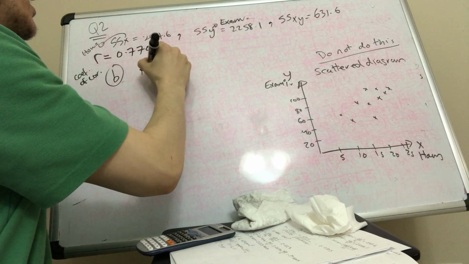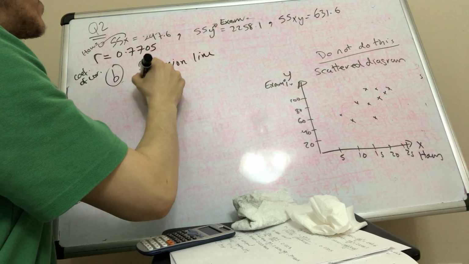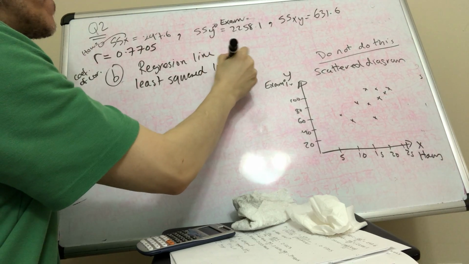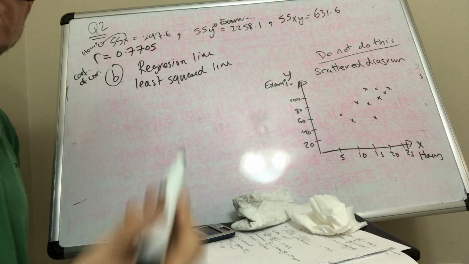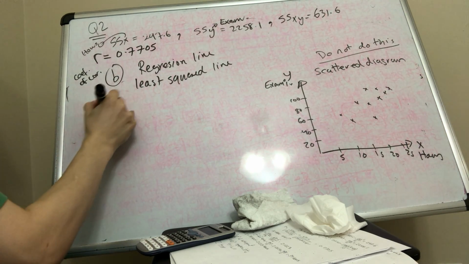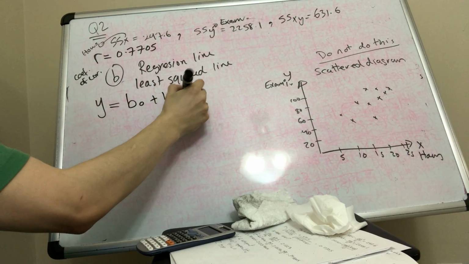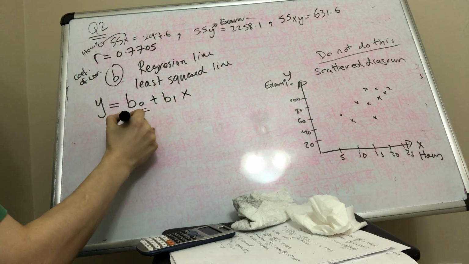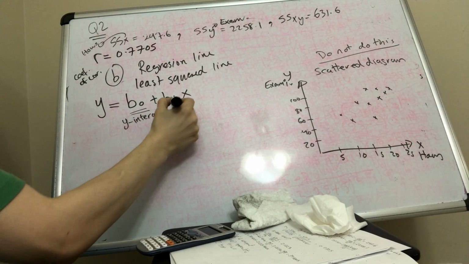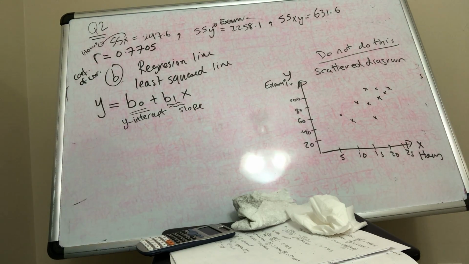So it's the regression line, sometimes called the least squares line, and it's the famous mx plus b, but for regression we say y equals b0 plus b1x, where this is the y-intercept and this one here is the slope.